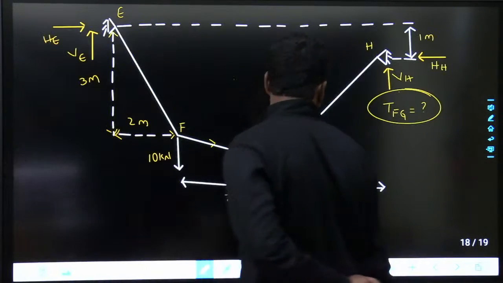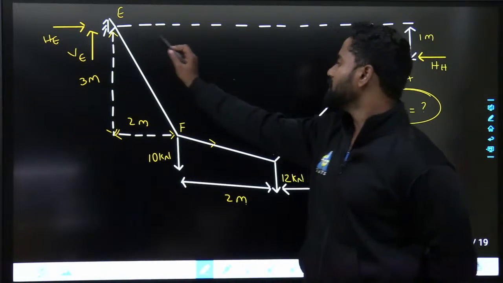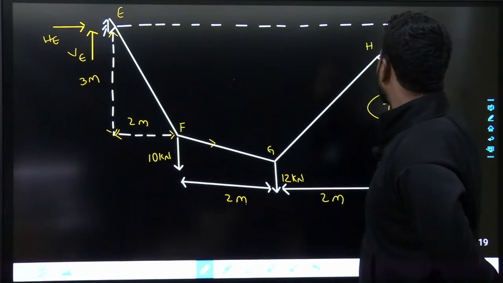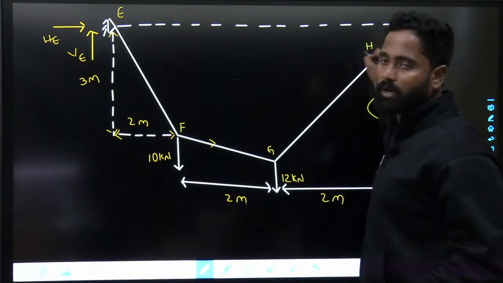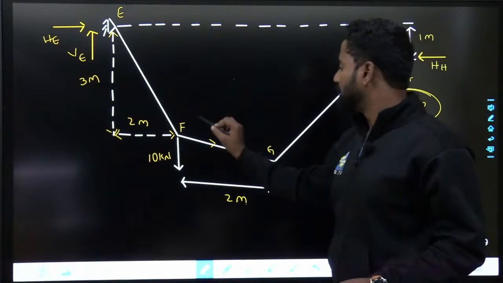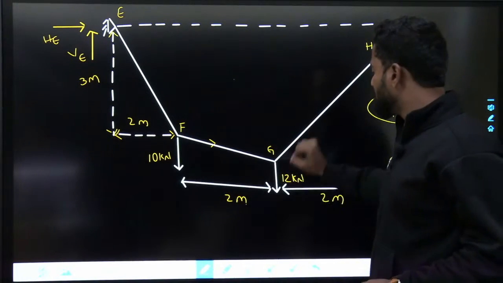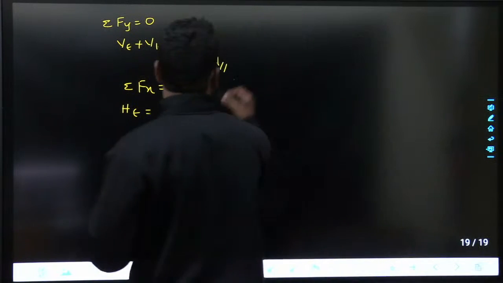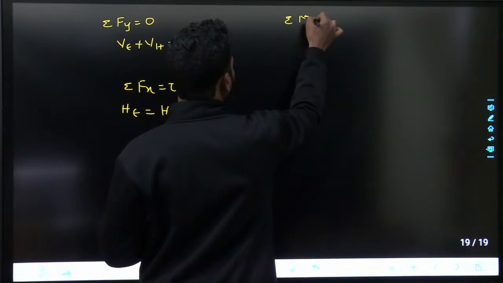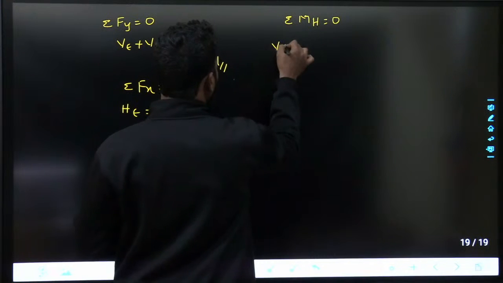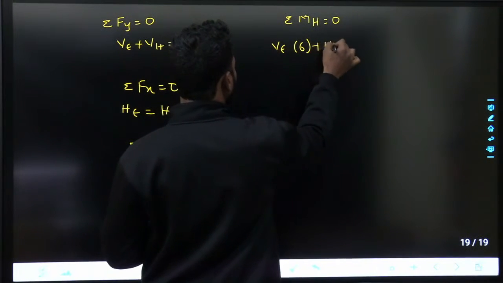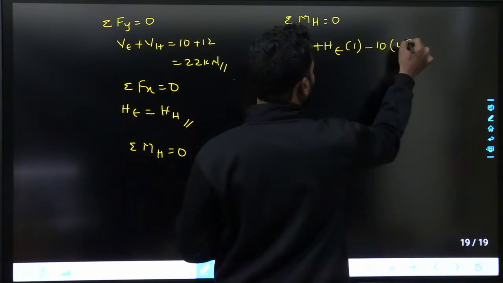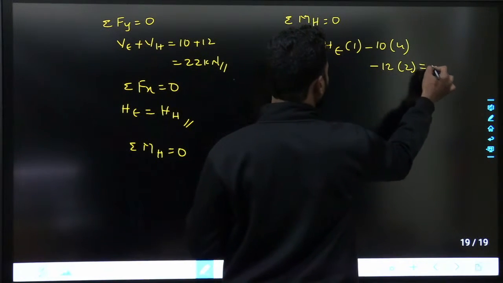Fine. And I will take summation of moments about H equals to 0. VE multiplied with 2 plus 2 plus 2, that is 6, plus HE multiplied with 1, minus 10 multiplied with 4 anti-clockwise, minus 12 multiplied with 2 anti-clockwise equals to 0.